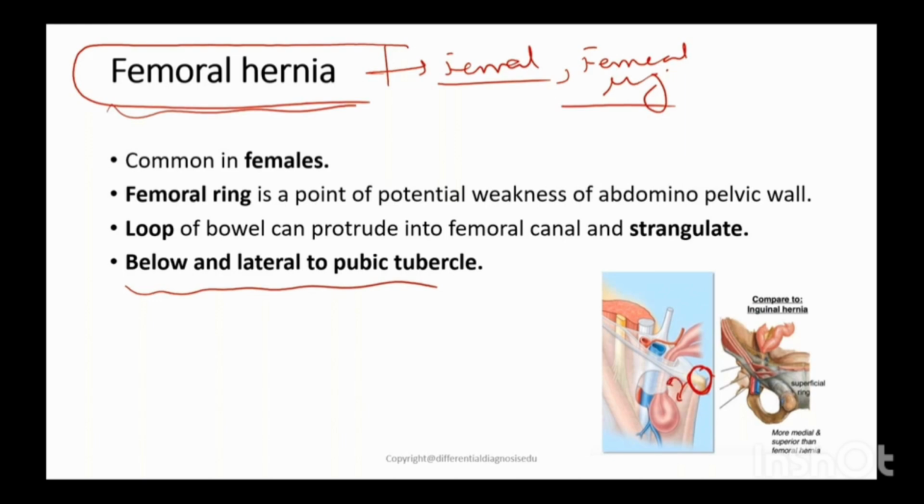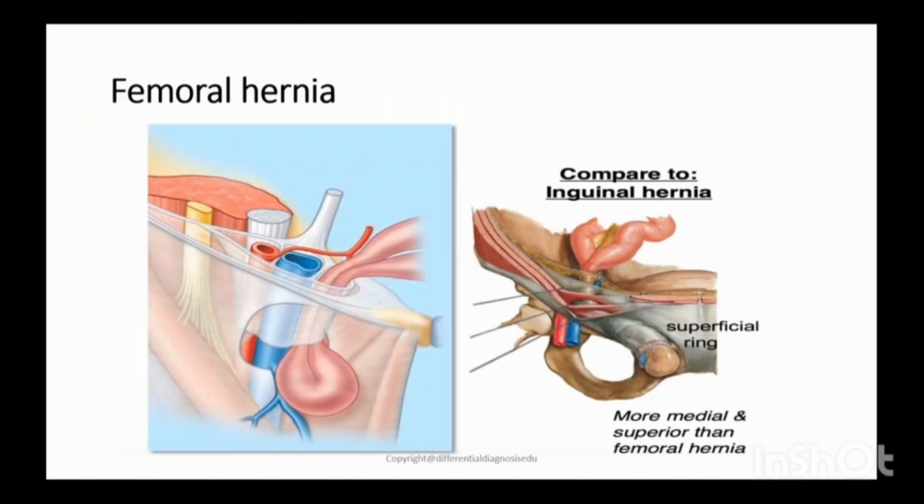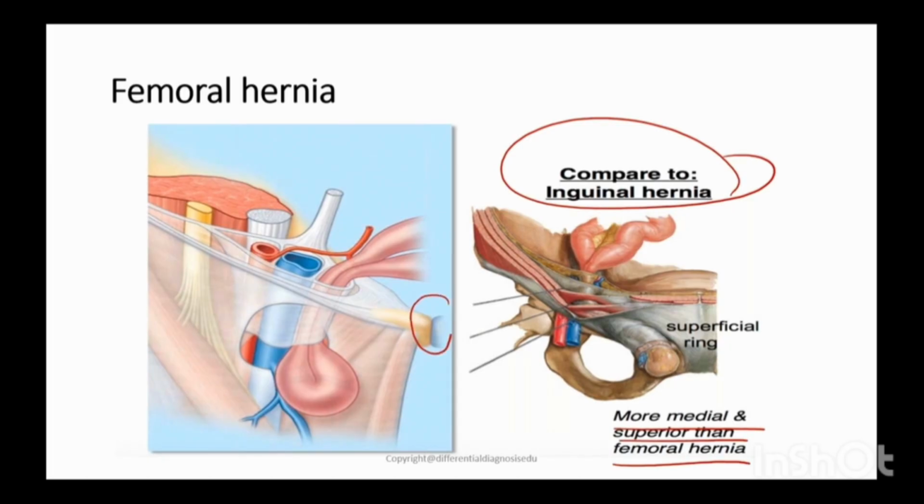Why is it important? Because if you compare femoral hernia with inguinal hernia, inguinal hernia is more medial and superior than femoral hernia. So you can see this is the pubic tubercle, pubic symphysis. This is the pubic symphysis here.